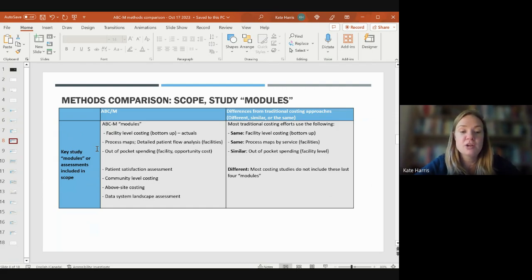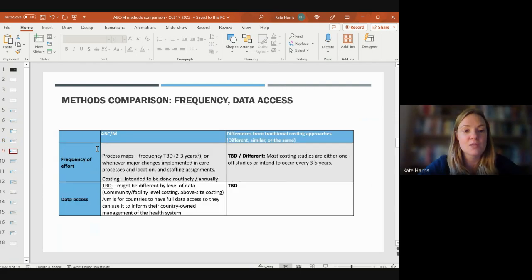The modules included in ABCM that are often not something to ask about in other approaches are things like patient satisfaction assessment, community-level costing, above-site costing, and data system landscape assessment. So that's an overall view on the scope of activity-based costing and questions you might want to ask about other costing studies, so you know what the data is that you're working with.